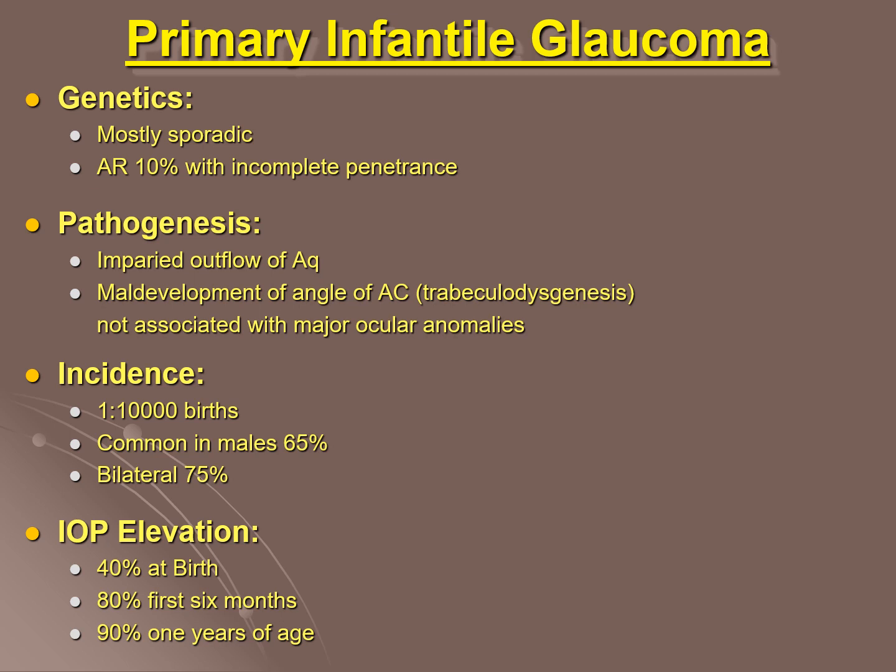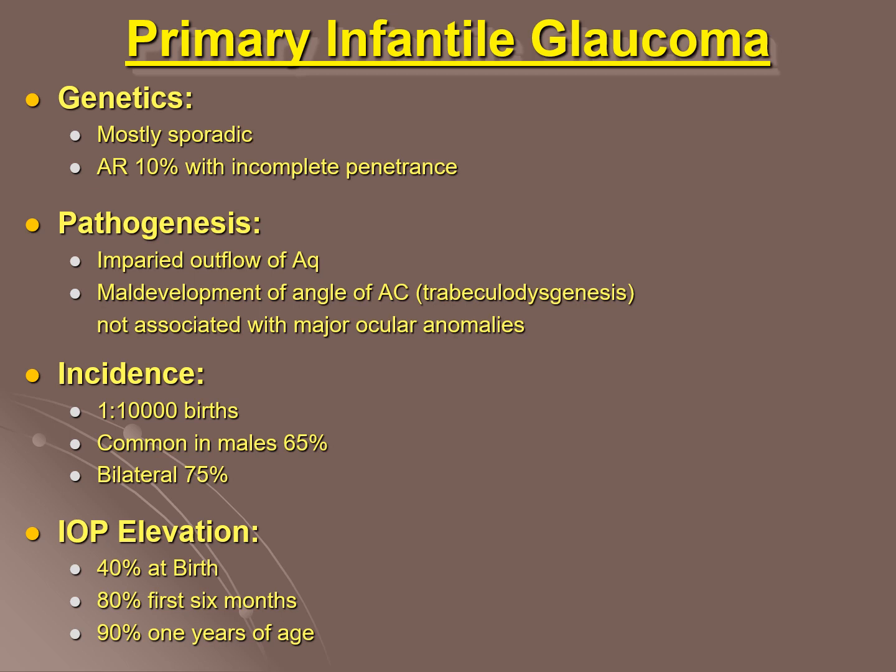So primary infantile glaucoma is mostly sporadic, and 10% of the cases have heredity of autosomal recessive with incomplete penetrance. Considering the pathogenesis, it causes impaired outflow of aqueous due to maldevelopment of the angle of the anterior chamber, that is called trabecular dysgenesis.